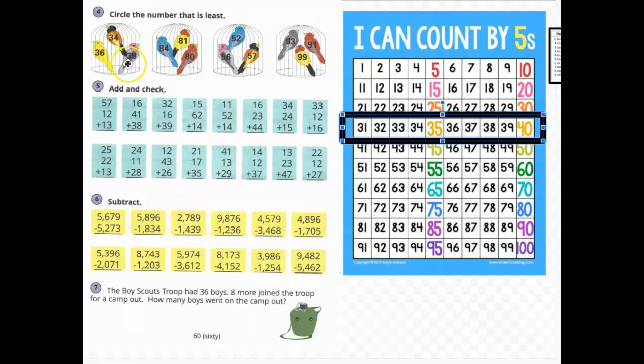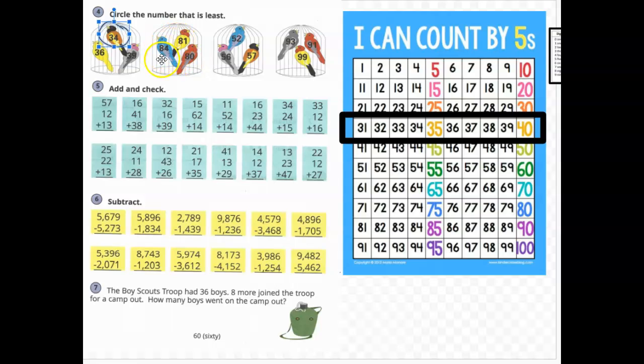So which one is smallest? A 4, a 6, or a 9? A 4. So that means you're going to take and circle 34, like that.